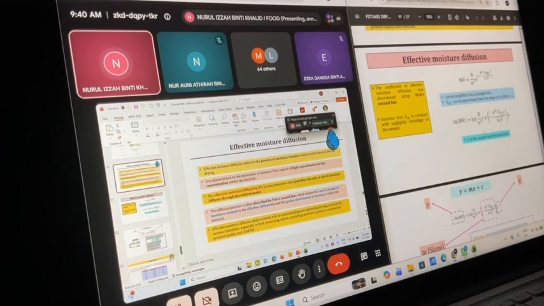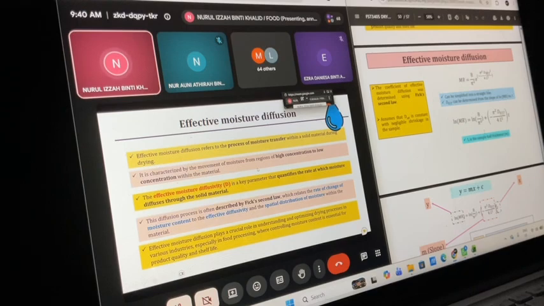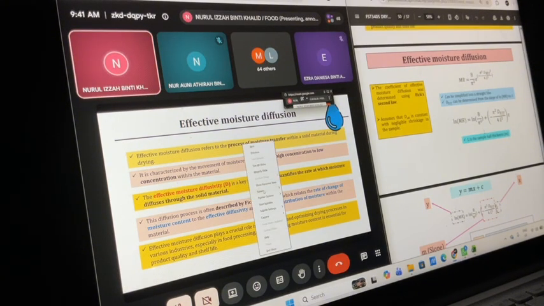So you're going to learn about the effective moisture diffusion. Basically, we learned this in the first week, about how moisture is diffused during drying, which means from a high concentration of water to a low concentration of water.